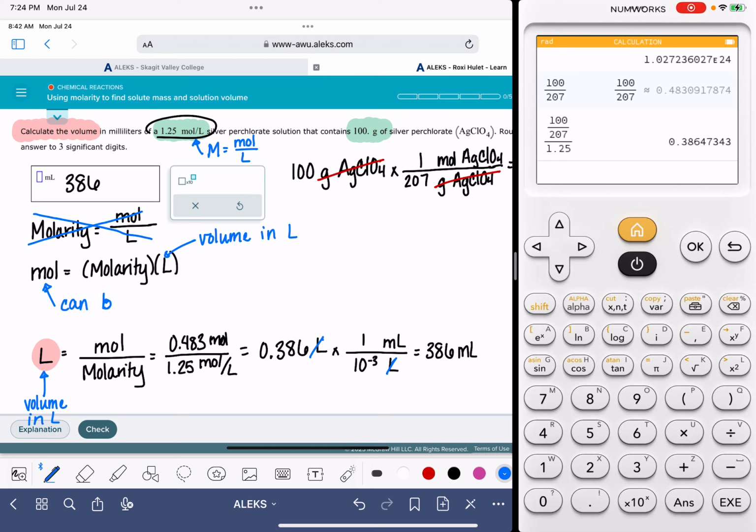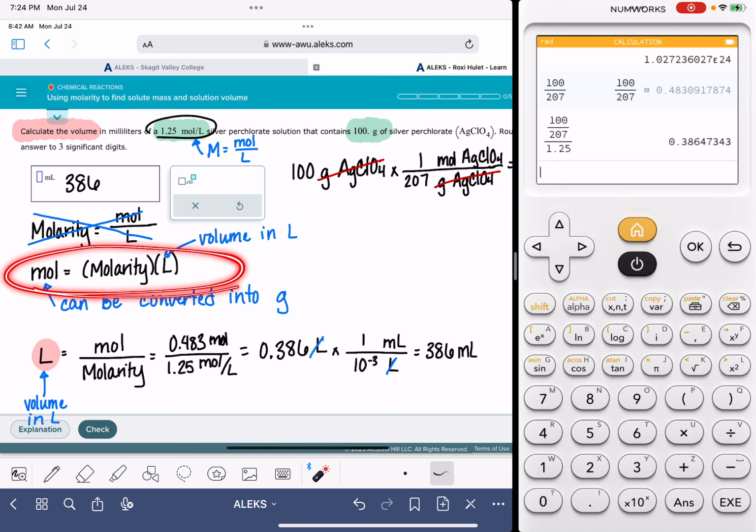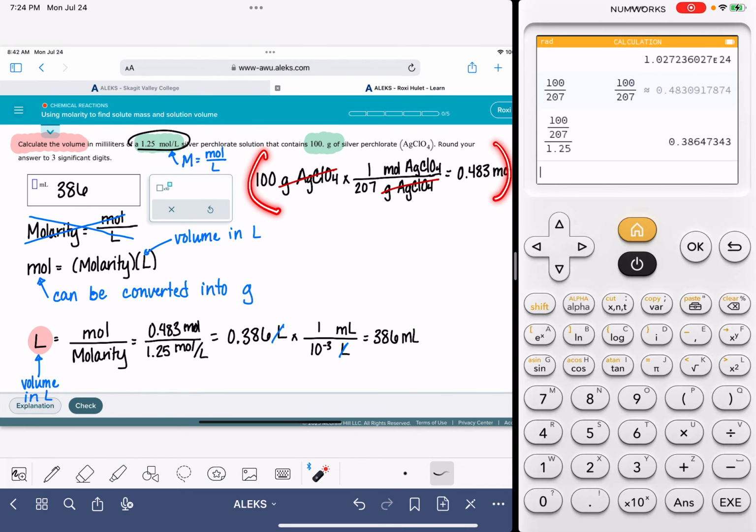Remember that anytime you know the moles, you can easily convert the moles into grams using the substance's molecular weight. So if you're being asked to calculate the mass, this is actually the equation that you want to use. You're first going to get moles, and then you're going to convert those moles into grams using a process like this one up here.